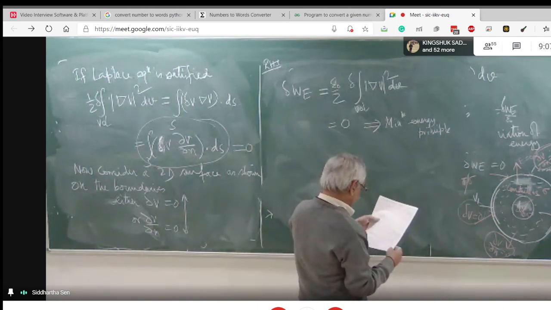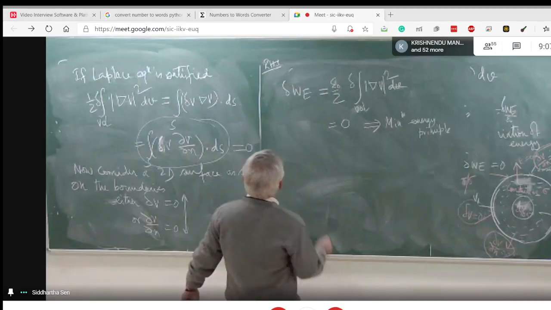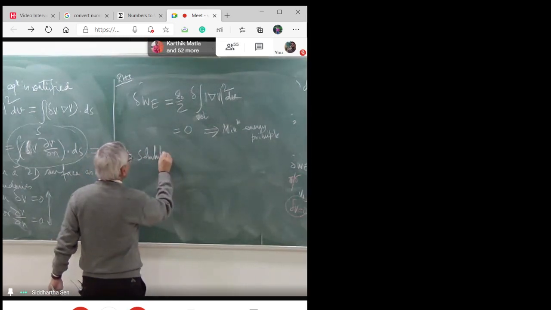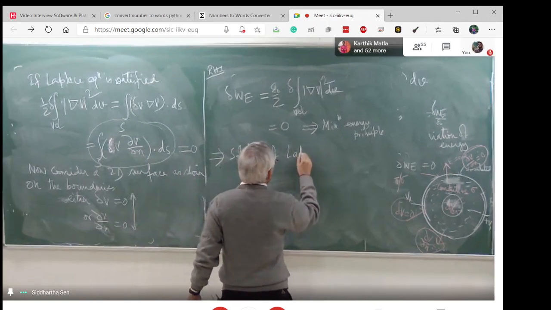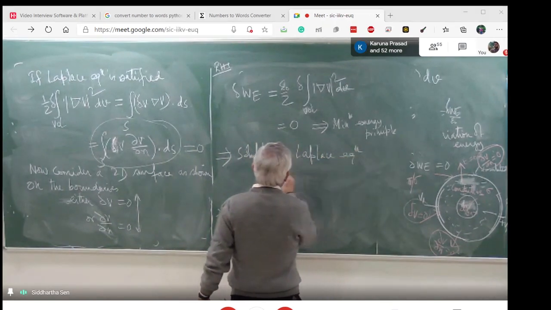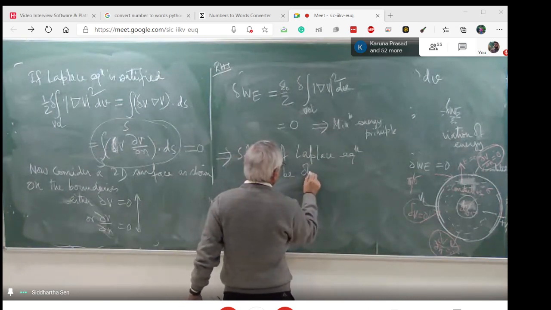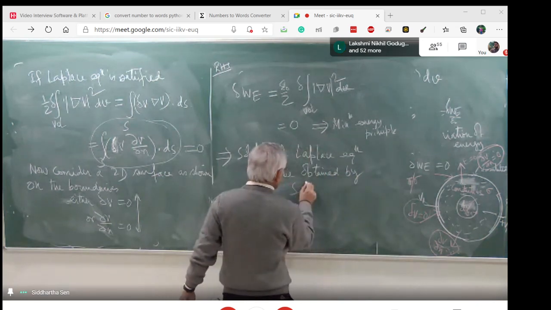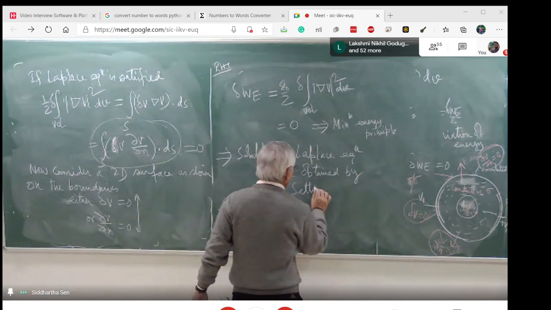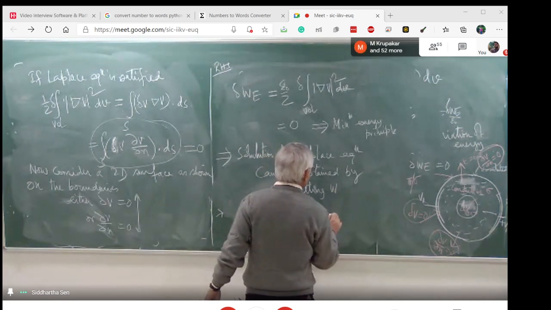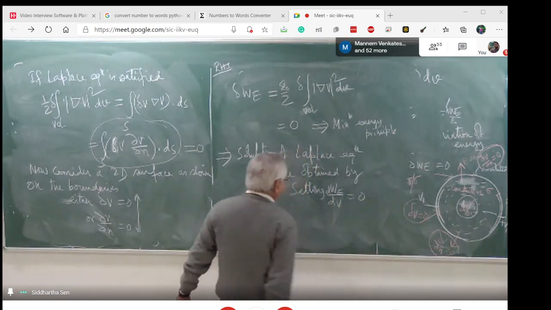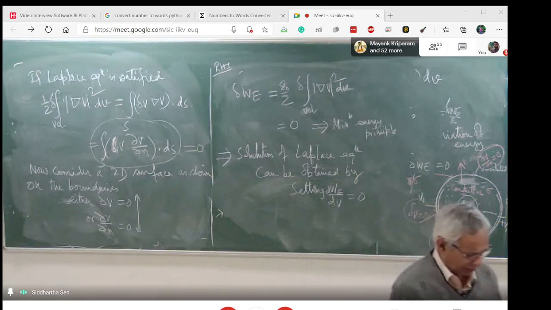So by the finite element method, the solution of the Laplace equation can be obtained by setting dWe by dV equal to 0.